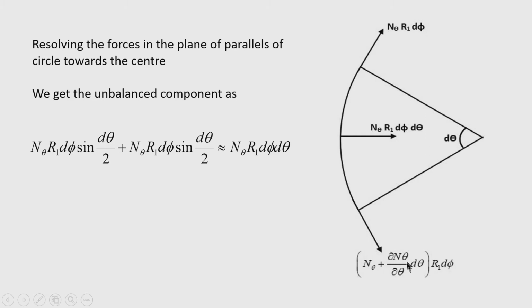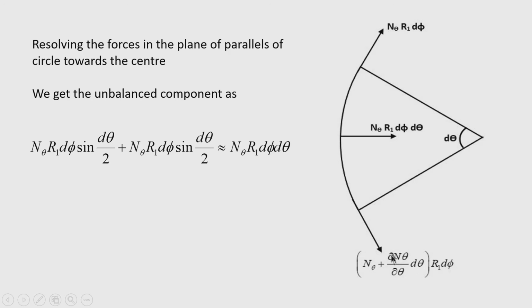Similarly, component of this force along this radius will be n theta r 1 d phi into sin d theta by 2, if we neglect the contribution of del n theta by del theta into d theta r 1 d phi into sin d theta by 2.